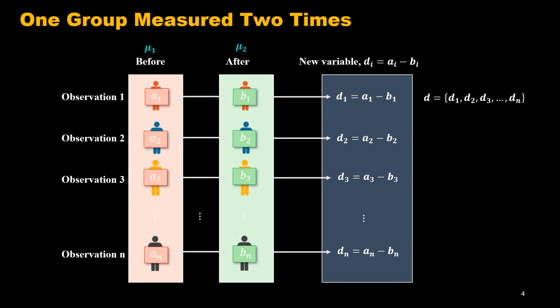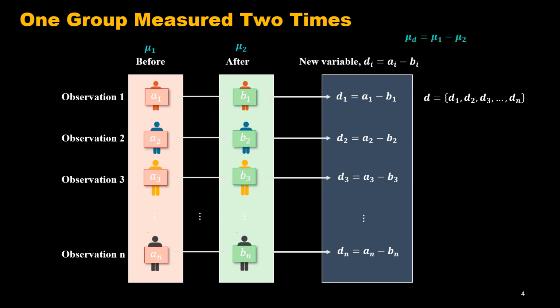So now we have just one data set. What is the data set? D: d1, d2, d3, up to dn. So these are the differences. Therefore, what is the population average of the differences? We know the population average for the before set is mu1 and for the after set is mu2.